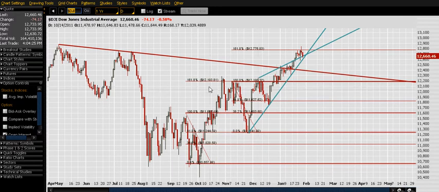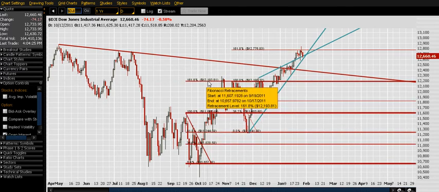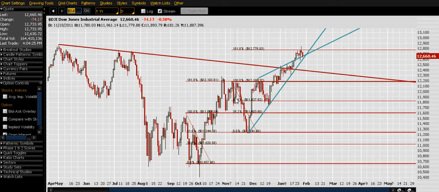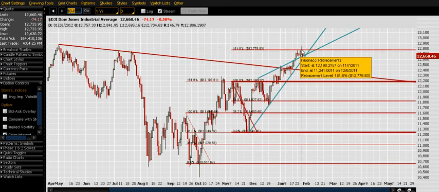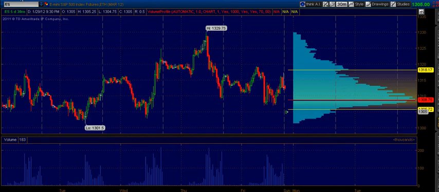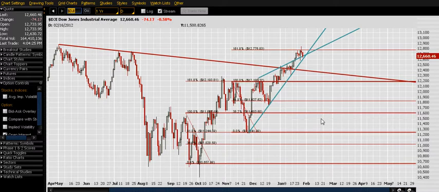So what we want to notice, there is a confluence point as well as a support point at 12,190 on the Dow Jones Industrial Average. This is assuming that this area right here is a top, and as I look at the futures right now, we're already down about 0.6% on the S&P 500, so I'm going to say this is a top.